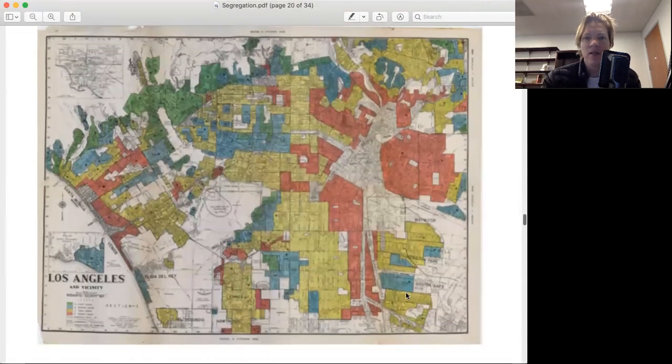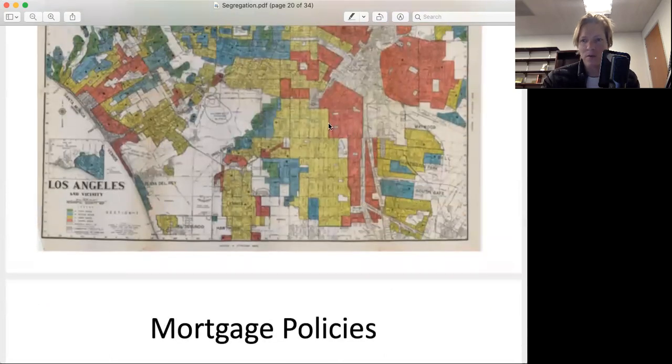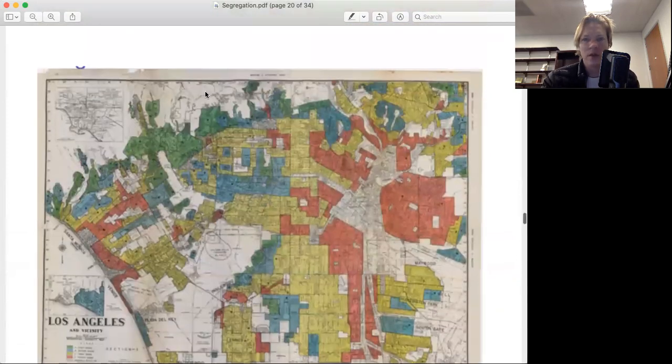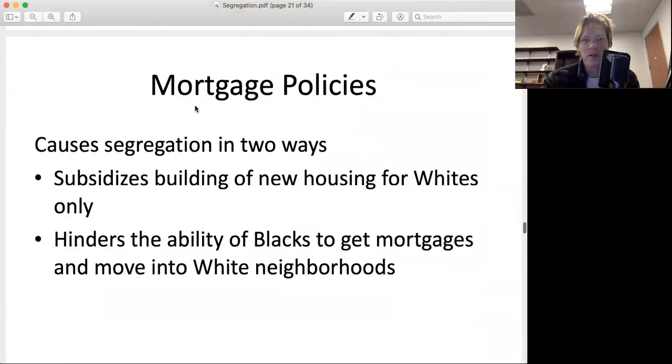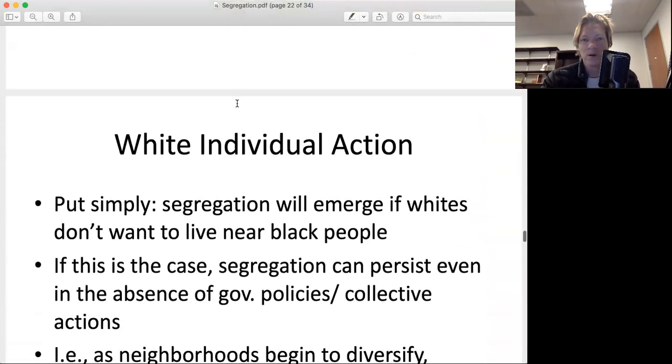So it codifies segregation, and it limits the ability of Blacks in redlined neighborhoods to move into other neighborhoods. And once new areas open up in the suburbs, those become white-only areas via these discriminatory mortgage policies.